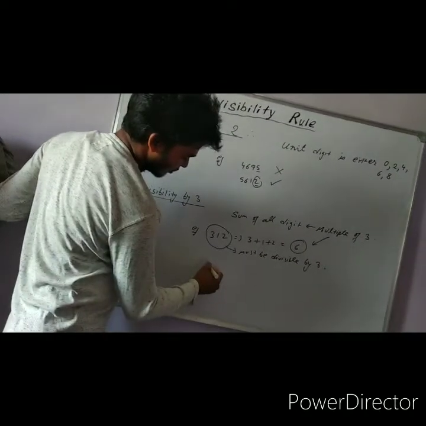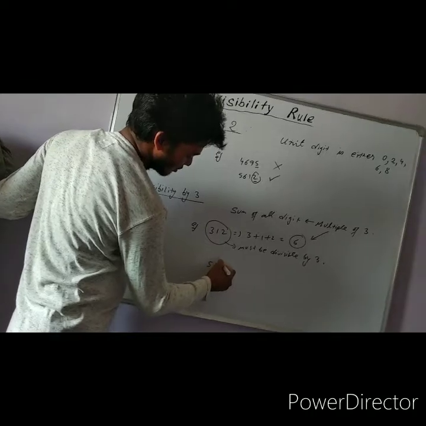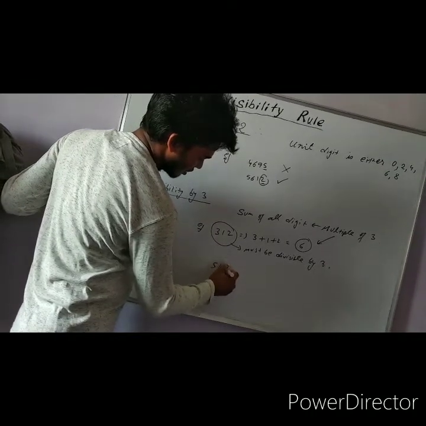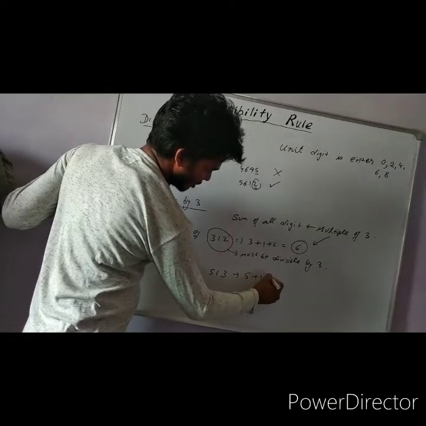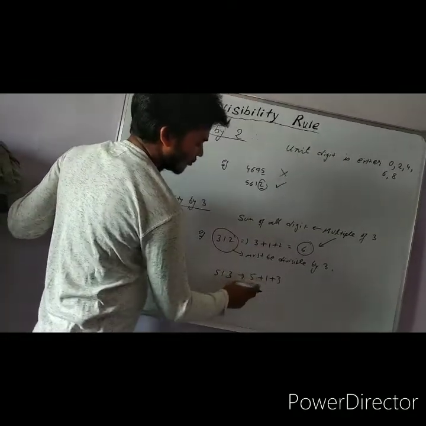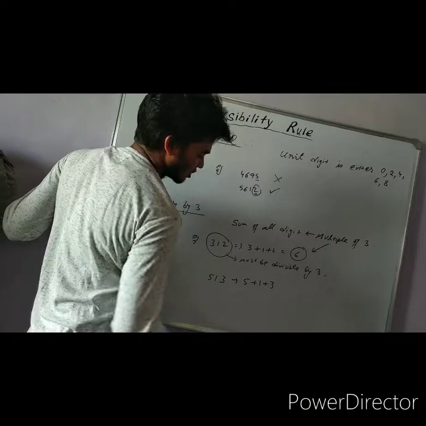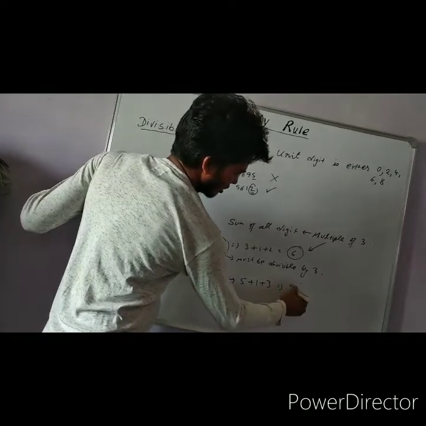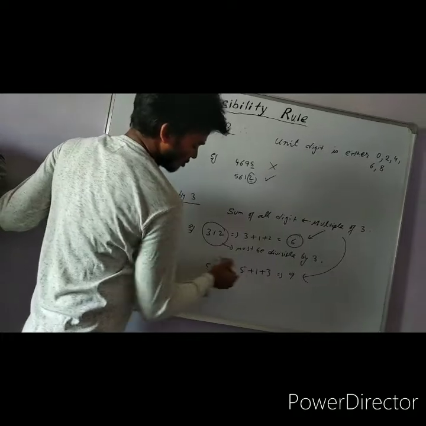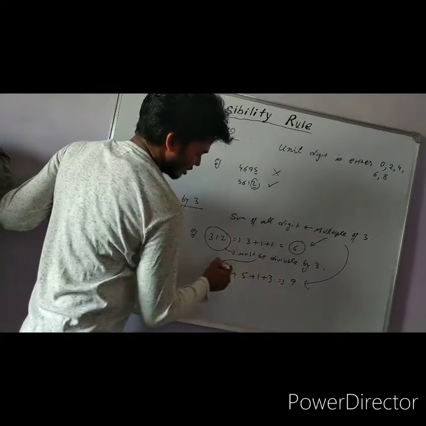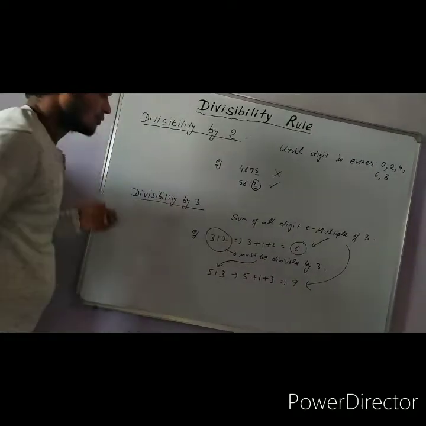I take another example, 513. Add all digits, 5 plus 1 plus 3. 5 plus 1 is 6, plus 3. What is 9? 9 is the multiple of 3. So 513 must be divisible by 3.